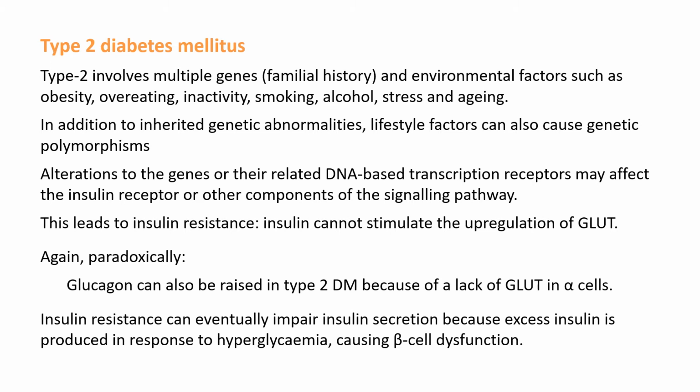Ultimately, this will stress the beta cells and they will start functioning poorly and not actually releasing insulin. So type 2 can start to develop into more of a type 1 condition, and this is often where people with type 2 start needing to have insulin.